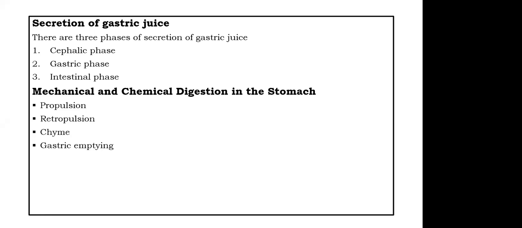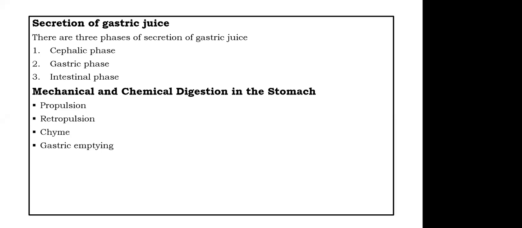Now we will be dealing with the mechanical and chemical digestion in the stomach. Several minutes after the food enters the stomach, waves of peristalsis pass over the stomach every 15 to 25 seconds. Few peristaltic movements are observed in the fundus, which primarily has a storage function.